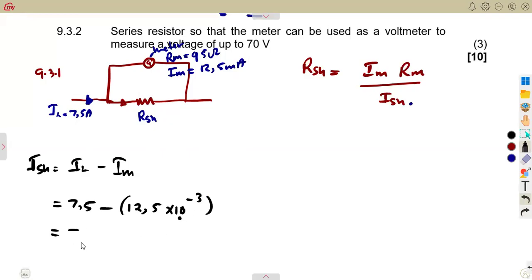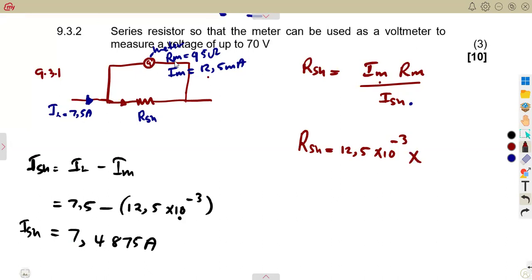So that was going to give us 7,4875, something like that in amps, which is the shunt current. With this current, we can calculate the shunt resistance from the meter current, that is 12,5 times 10 to the exponent of negative 3, times the resistance across the meter, that is 95, over the current across the shunt, which is 7,48.